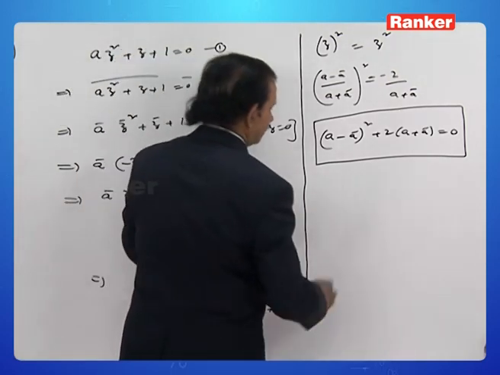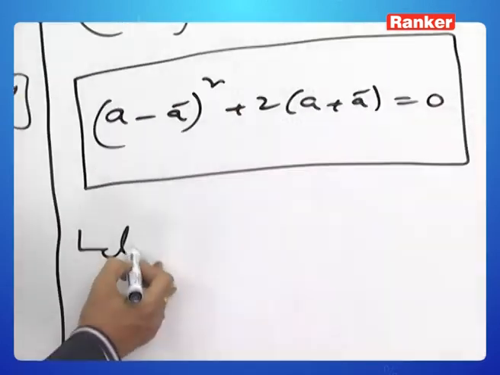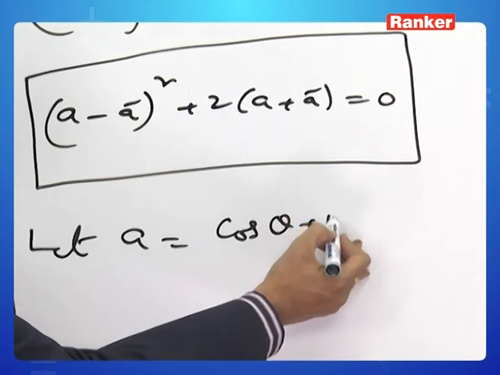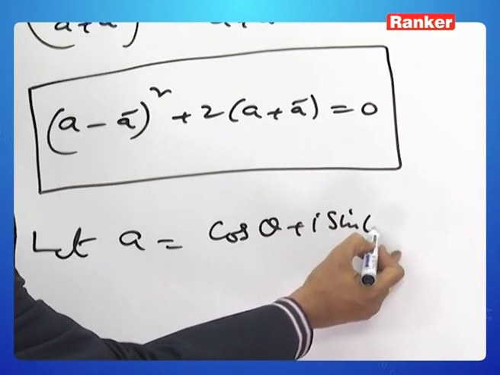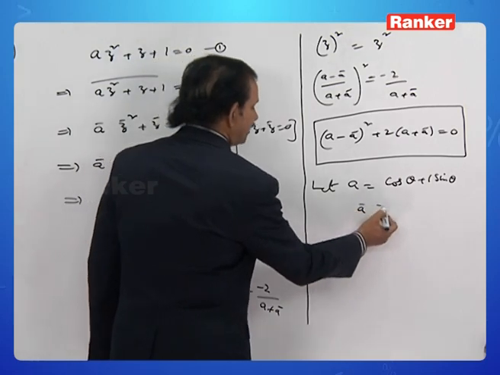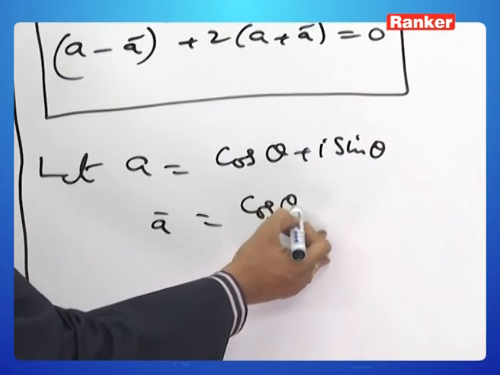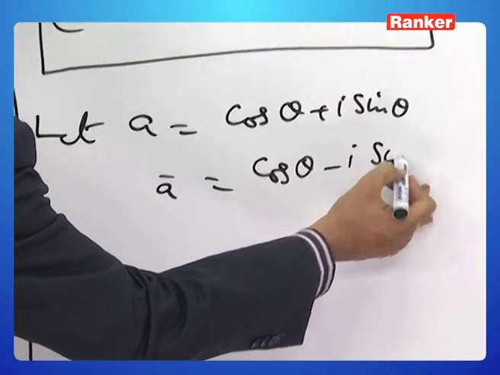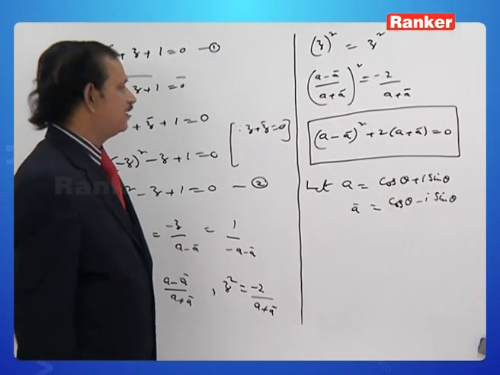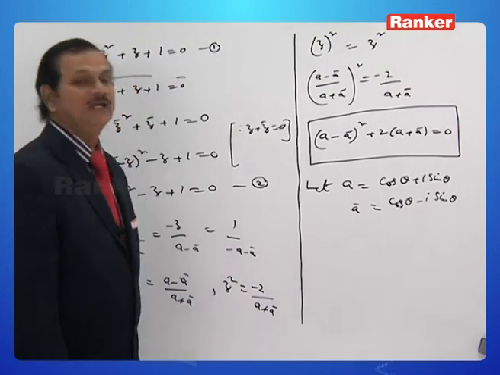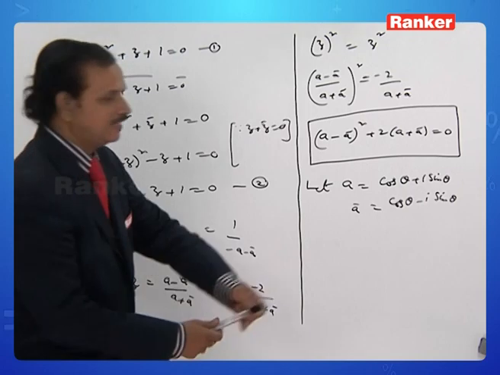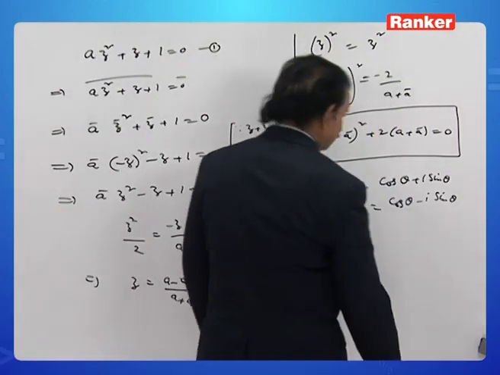Let A be equal to cos theta plus i sin theta. Automatically A bar is equal to cos theta minus i sin theta. From this we see a minus a bar is 2i sin theta and a plus a bar is 2 cos theta, isn't it? Yes.